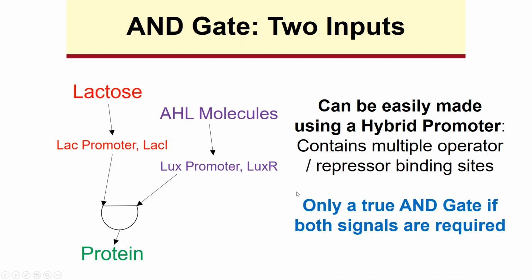In a true AND gate, this will only be turned on when both lactose is present, because it will relieve repression from LacI, and the AHL molecules are present, relieving repression from LuxR. Absence of one of these causes the expression to be limited. So in this case, we have an AND gate. Only when you have those two inputs will you get your output protein.